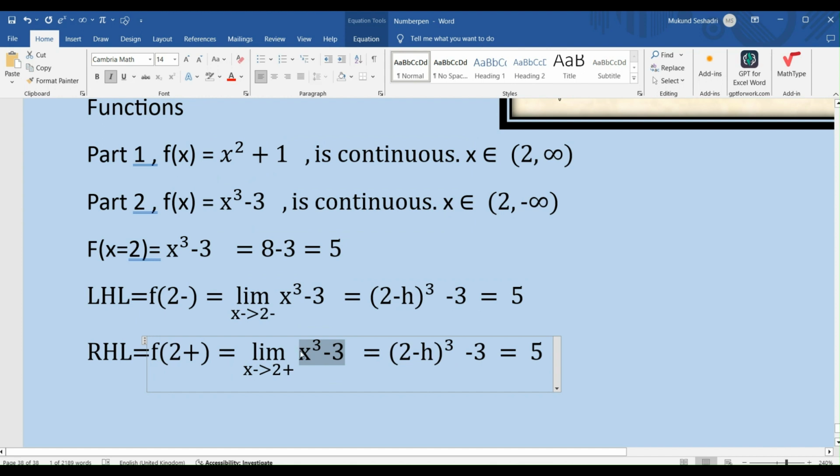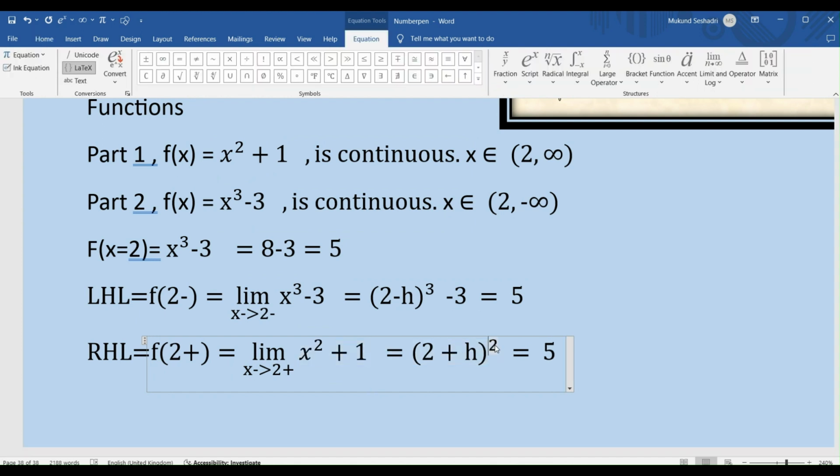Which means I'll have to replace it by x squared plus 1, so 2 plus h the whole squared plus 1, right? As h is infinitesimal, we can comfortably substitute h equals 0, and we have 4 plus 1 equals 5, right?